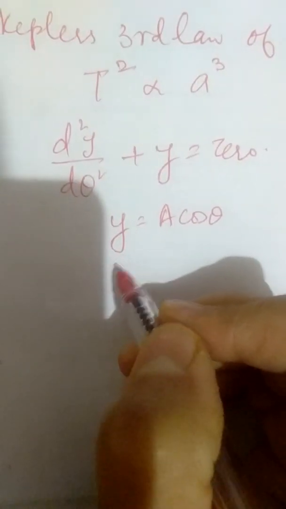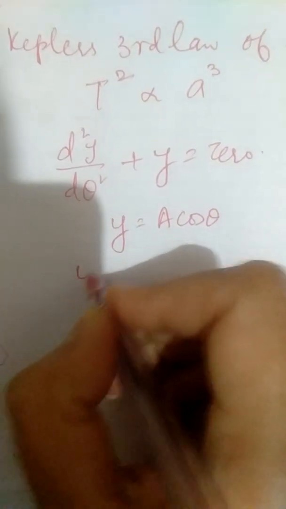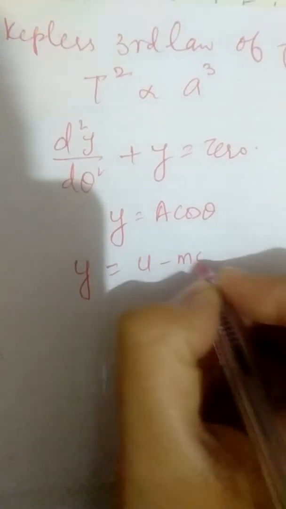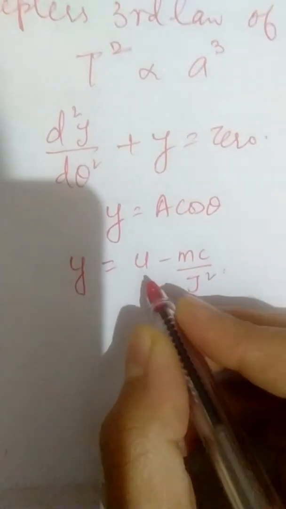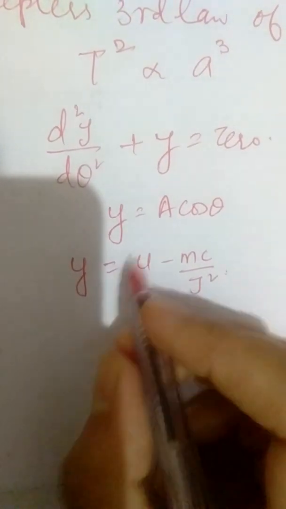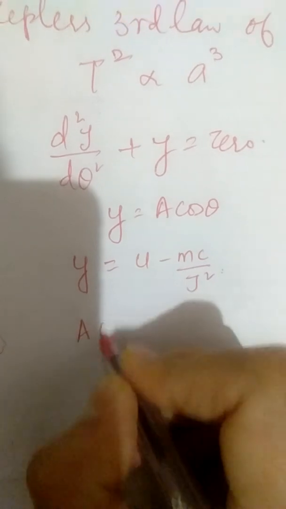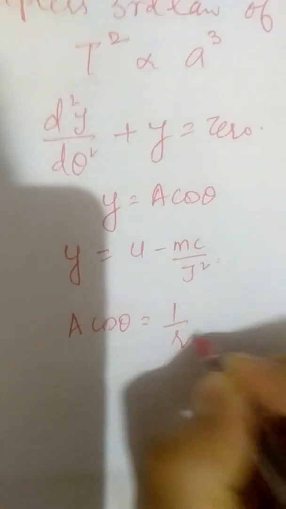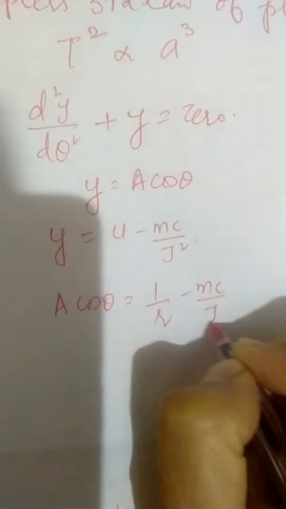I don't need to go into details, you know this. For y, we had made a substitution that this is equal to u − mc/j², where u was simply a substitution for 1/r. So y, that is a cos θ, was equal to 1/r − mc/j².